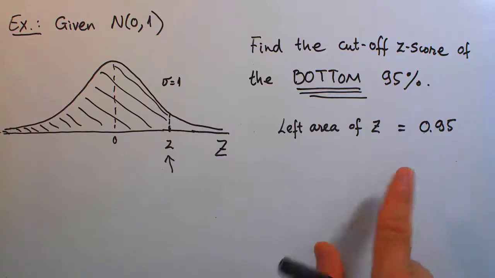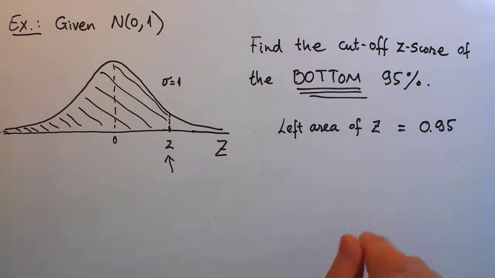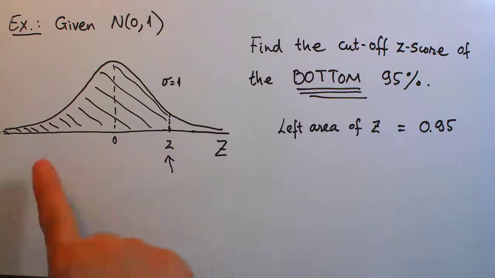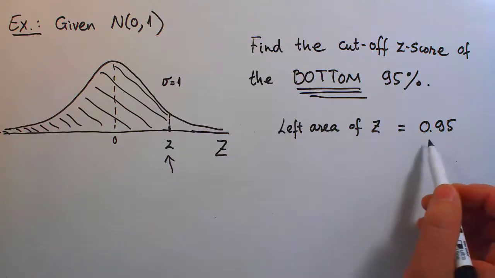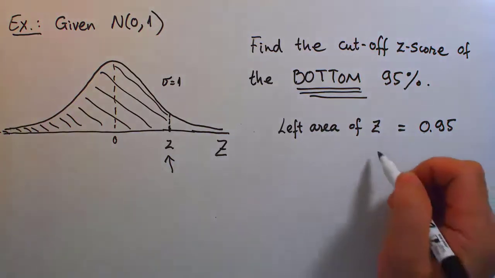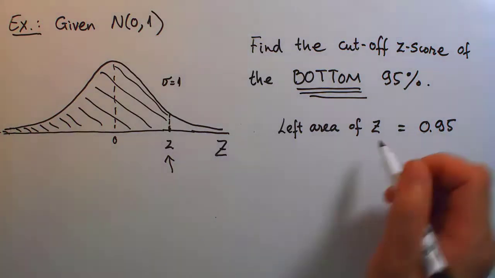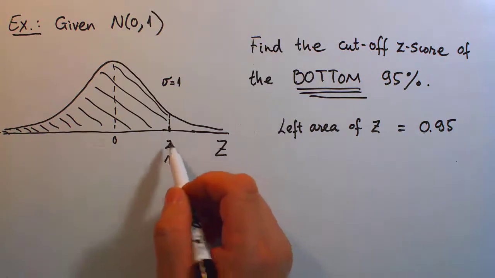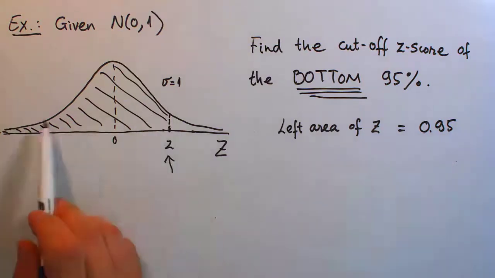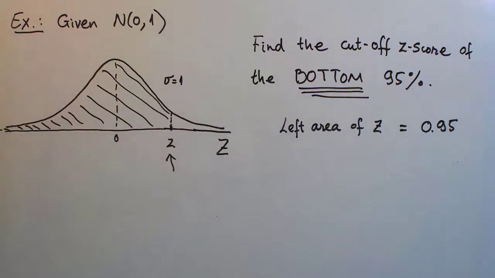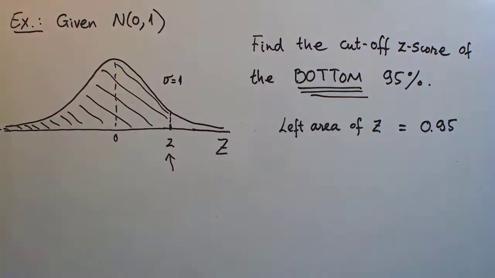So in this problem we are actually not looking for area. We already had the area, specifically the area to the left of that z-score. With that area to the left of z given to be 0.95, I'm asking for what z-score value that is. Where do we put the z-score on this line so that it takes 95% of area to the left-hand side?